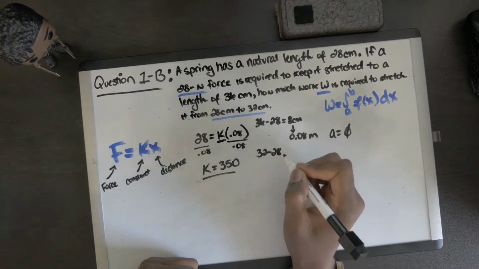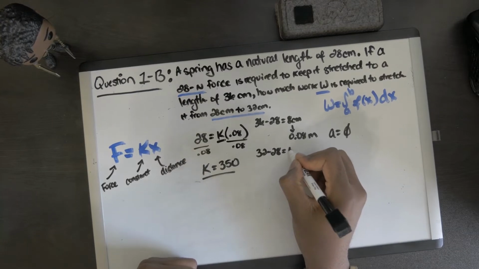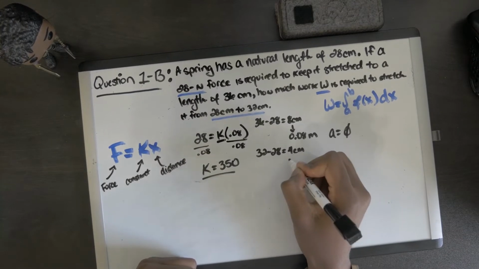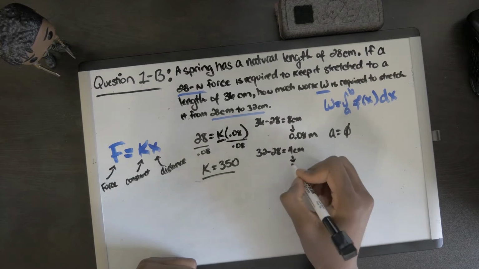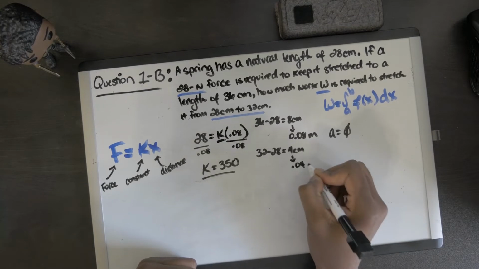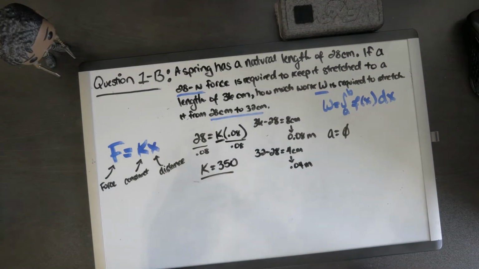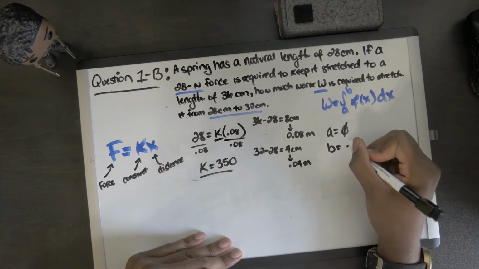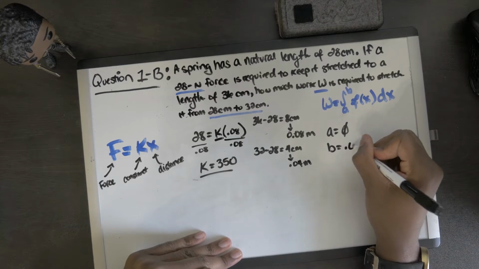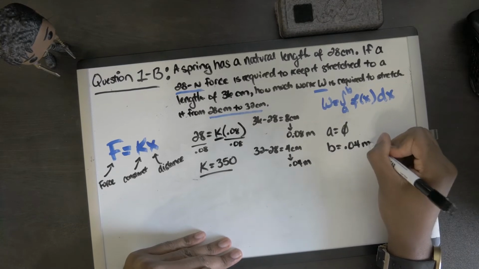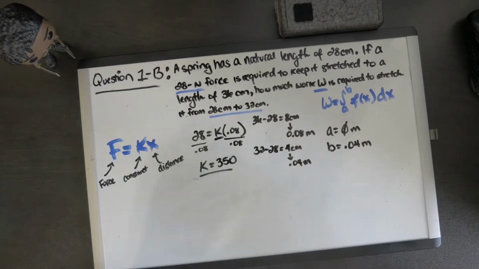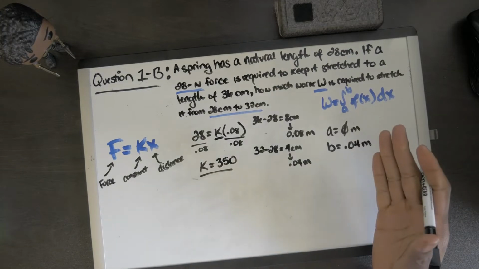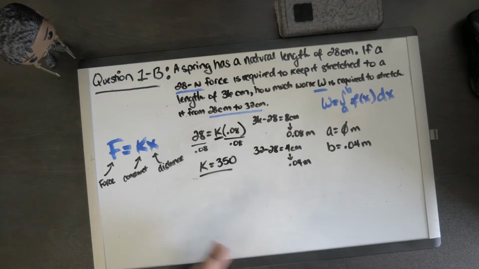So 32 minus 28, it's going to give us 4 centimeters, which is also 0.04 meters. So we know now that our B is going to be actually 0.04 meters. Perfect. So now we have that. We have what the force, what the constant is, and what the distance is.